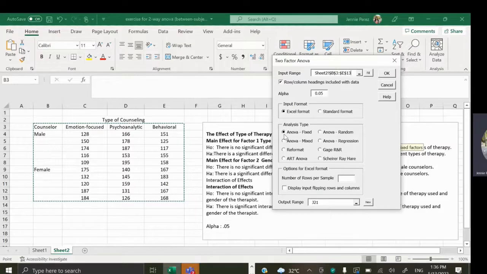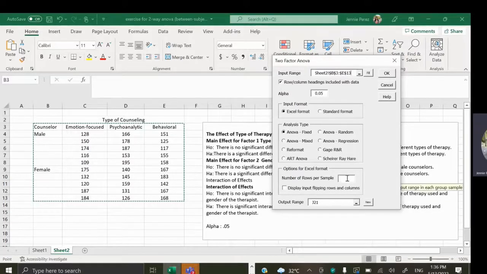So there is also a mixed effect model, wherein one independent variable could be fixed and the other could be random. So let us just presume that this is a fixed model. Both factors or independent variables are fixed.